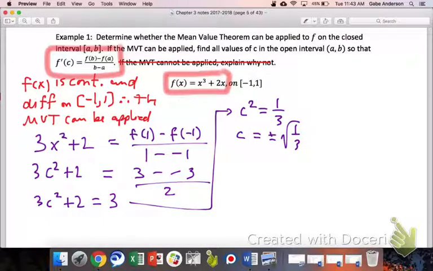Johnny, go ahead. So in the equation f prime of c equals f of b minus f of a, why are you plugging b and a into the derivative function? Why don't you plug it into the original function? Okay. I was plugging into the original function.